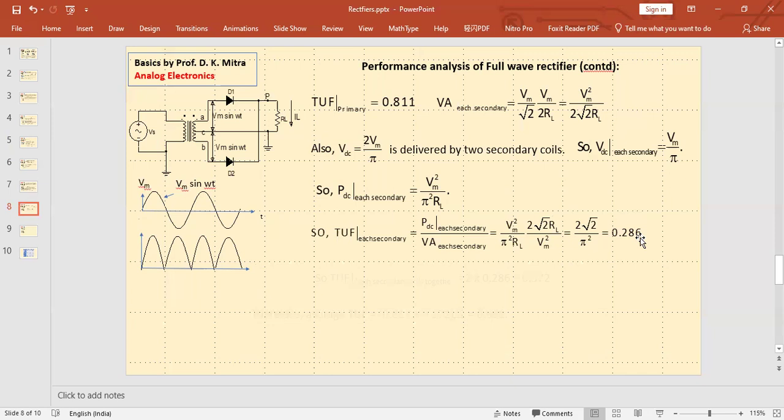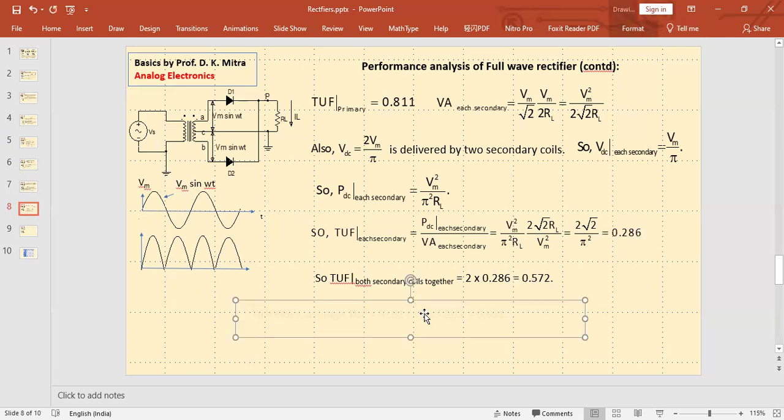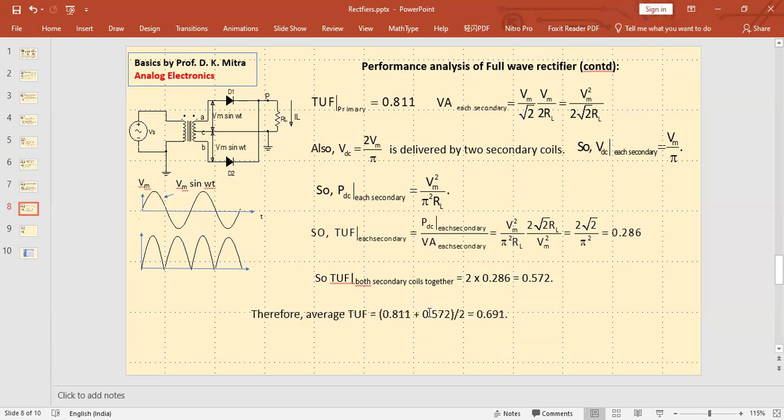So what do we find? We found here utilization factor of the primary was 0.811. Utilization factor of each secondary is 0.286. Then how do we make the average? Transformer utilization of both secondaries together is 2 multiplied by 0.286, which is 0.572. Then we get the total transformer utilization factor. Primary 0.811 and two secondaries 0.572, and their average is 0.691.